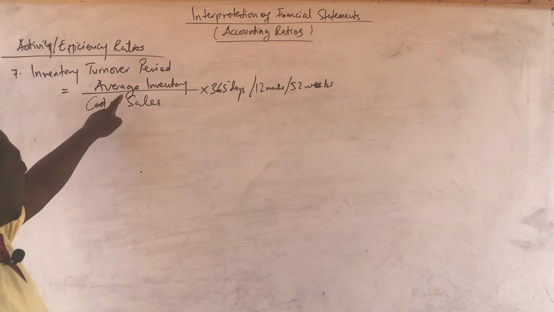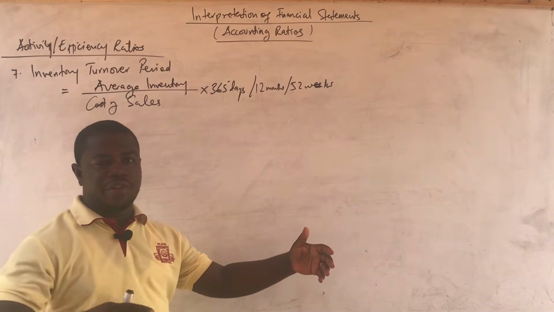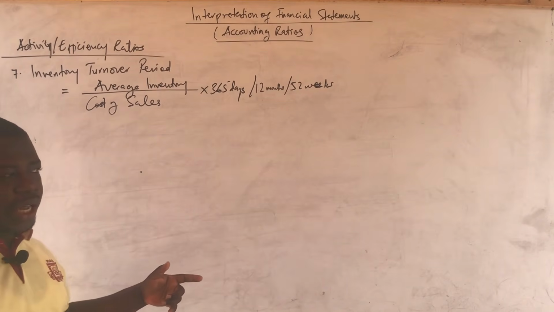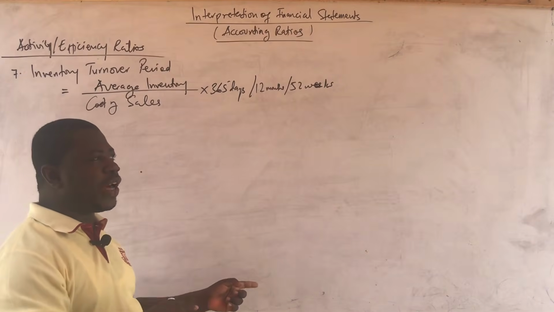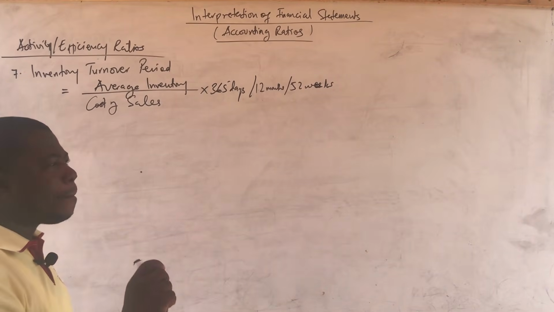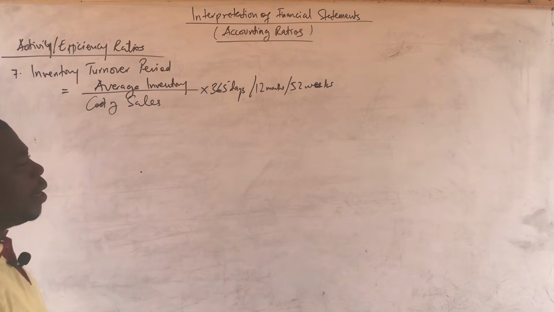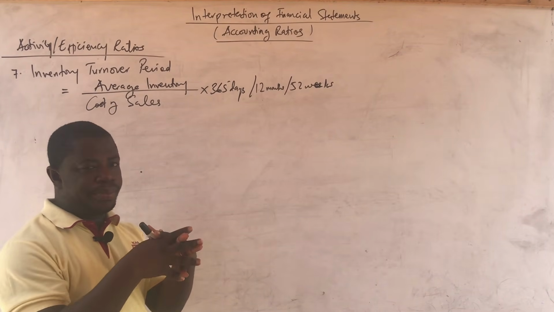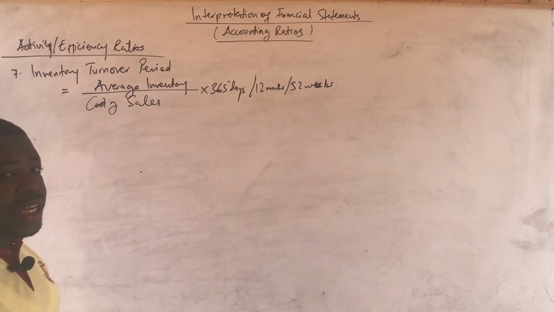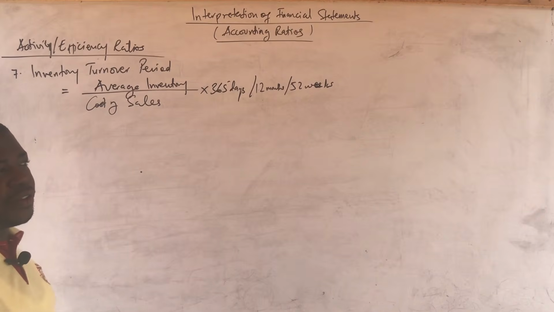So average inventory. What is average inventory? Average inventory is your opening inventory and the closing inventory. You add the two and you divide by 2. So the formula for getting this is opening stock plus closing stock divided by 2. However, in our financial statements for publication, most of the time, because the cost of sales is being given to us as a lump, we do not have the opening inventory in there, but we will have the closing inventory in the statement of financial position.